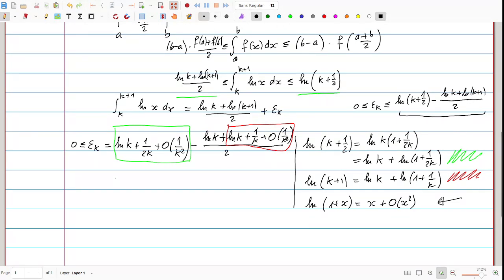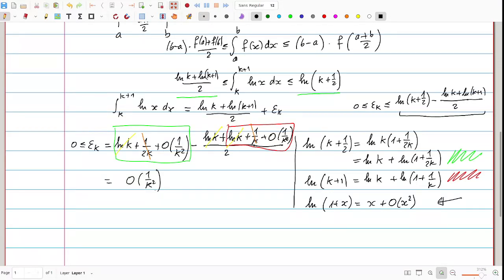In the end, this simplifies. You see that the logarithms of k simplify. This one simplifies with the sum of these two, which are divided by 2, and also you notice that the first order terms simplify, and so we get order of 1 over k squared.